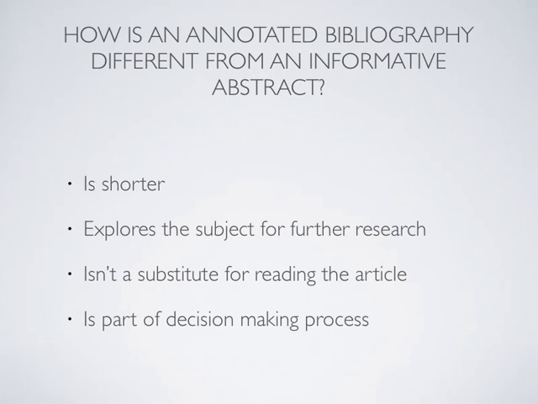It is part of the decision-making process of whether that particular article or source is suitable for inclusion in the final project, or to be read by the higher-ups, professors or CEOs, or whoever your audience happens to be.